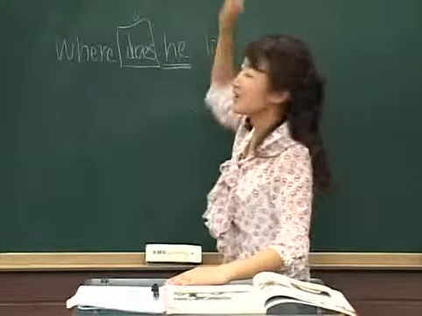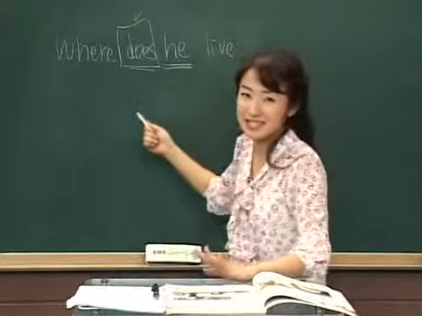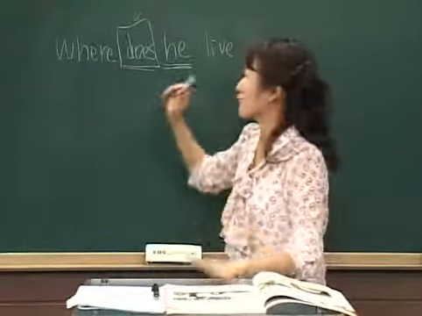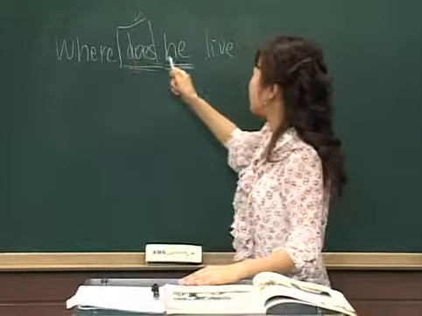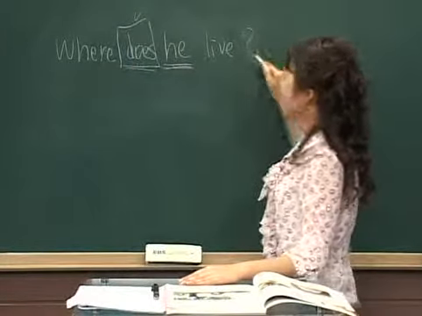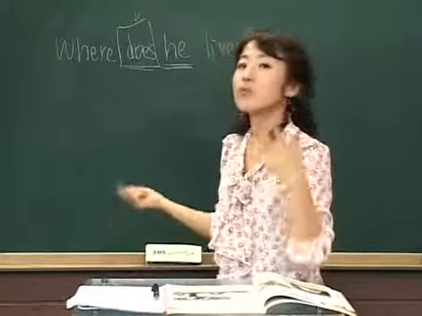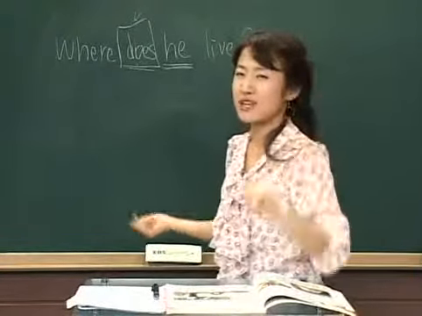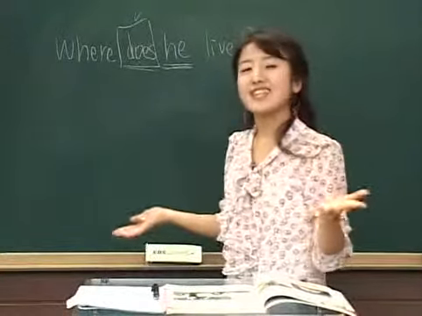Because we already used does. Does contains this S feeling. It's already in here. So we only ask, where does he live? Let's practice. Where does he live? One more time. This is kind of difficult, so we have to keep practicing. Where does he live?